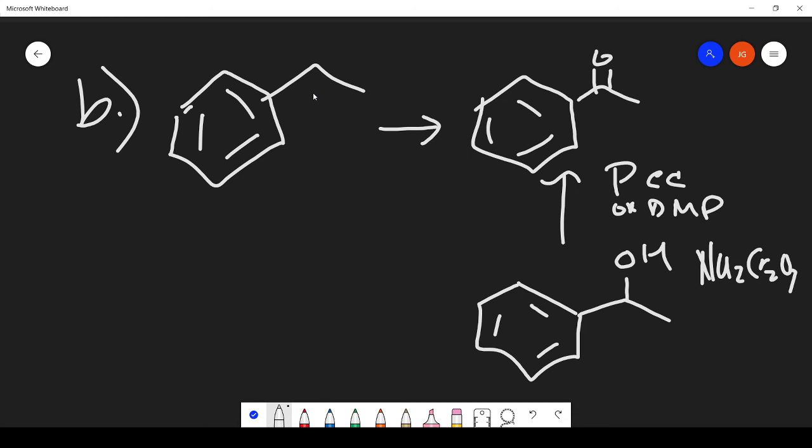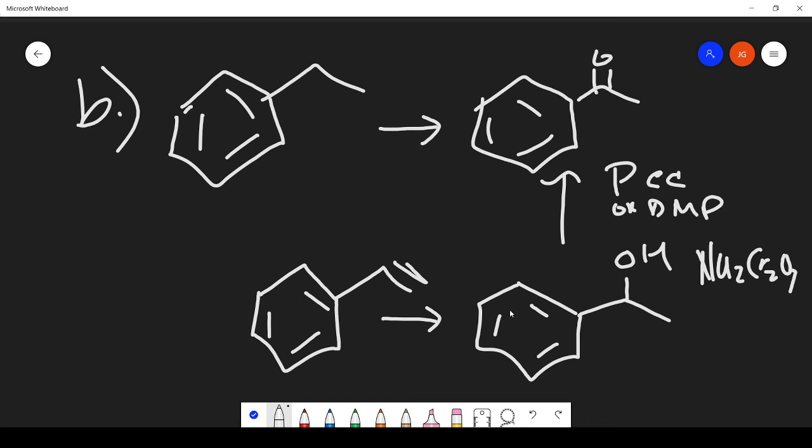So alkene reactions. So maybe this came from an alkene. And we can't have the alkene here because that would violate the octet rule, and it would screw around with the resonance of this. So, okay, this looks pretty reasonable.